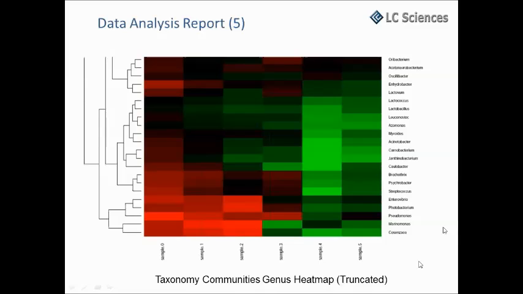And the heat map I just mentioned is giving the customer the genus heat map. For each sample, once we compare among the samples, we know which genus is highly abundant in which samples, or maybe lower abundance in different samples.